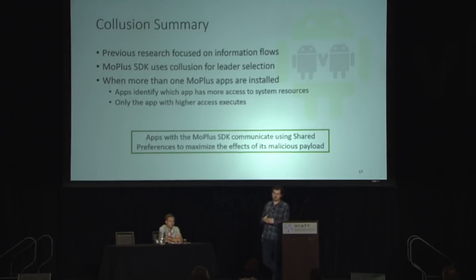The idea is that this SDK was embedded into many different applications with many different levels of access to the system. And the apps would talk to each other to see which was the app with more access to the system, so that could be the app connecting to the command and control server and receiving the commands.